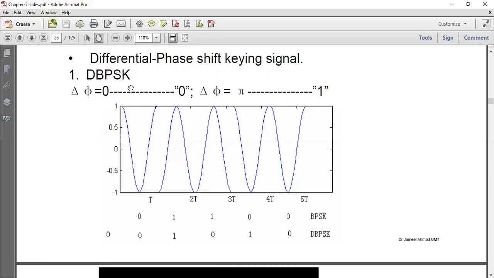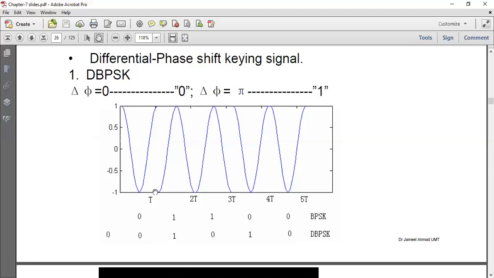DBPSK is different from this one. In this case, if we look at this, we have one more bit. Initially it is 0, then again 0, 1, 0, 1, and 0. The transition is from 0 to 1 in this case.